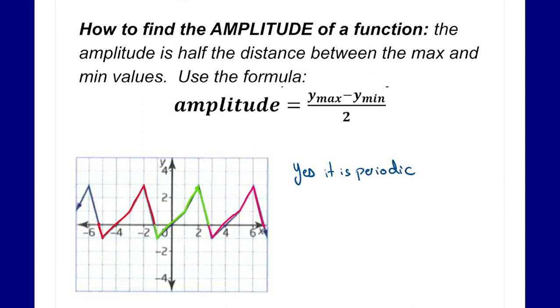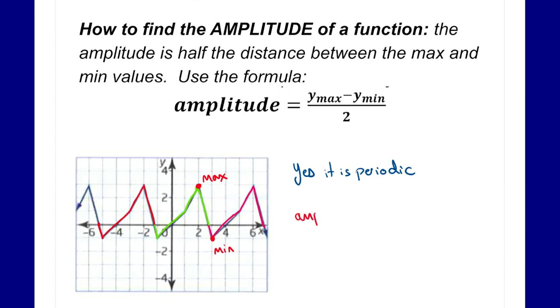Now you don't have to go through and trace the function. You should just be able to tell by looking at it if it is periodic or not. Is it the exact same pattern that is repeating? In this case it is. So next we have to find the amplitude, which requires the maximum and the minimum. I have the maximum here, which is at 3, and the minimum here at -1.